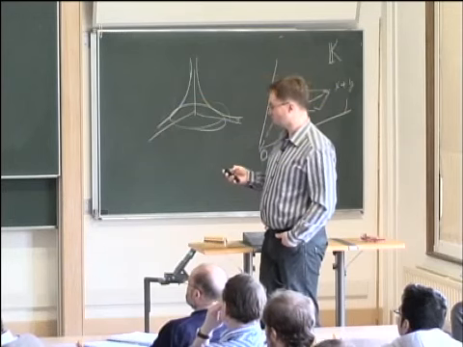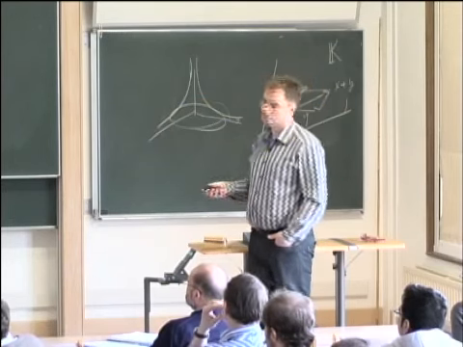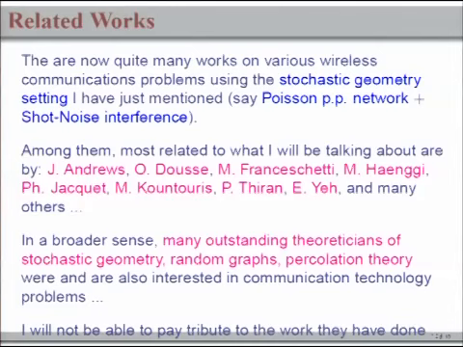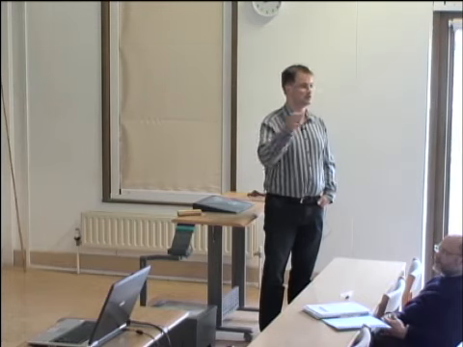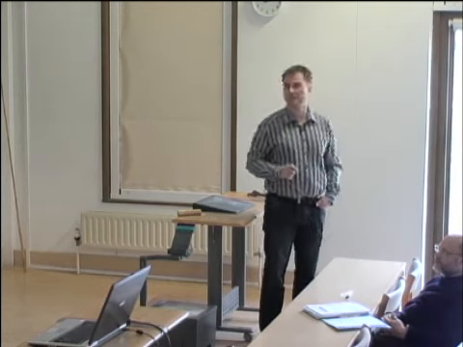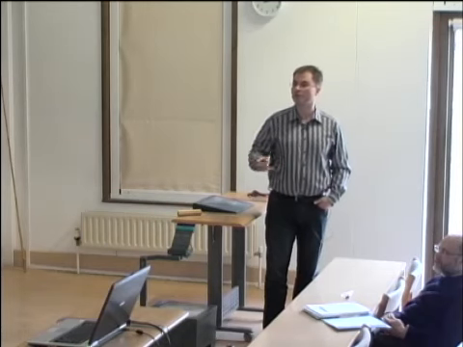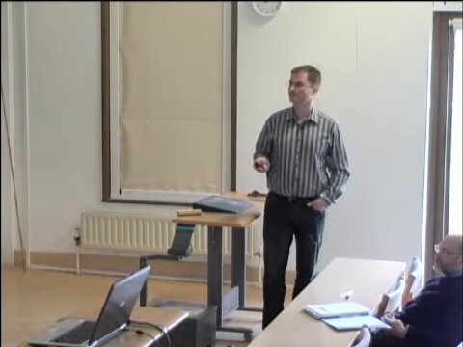But I would also like to mention that since the beginning and also recently, very many outstanding theoreticians of stochastic geometry, random graphs or percolation theory are interested in communication technology problems. Just to cite Gilbert, who probably started this kind of looking at the engineering problems.